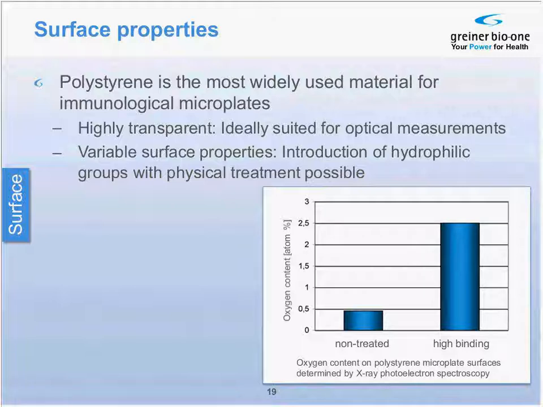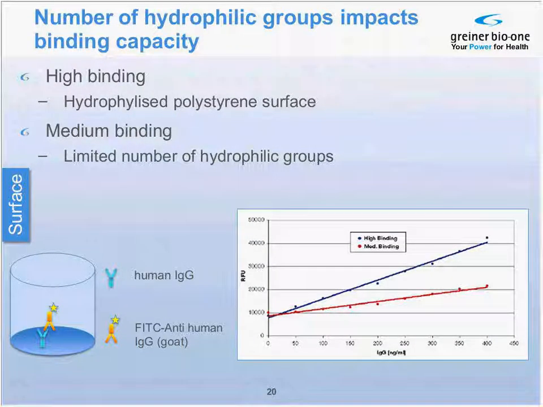This graph shows a comparison of the oxygen content of a non-treated polystyrene surface and a hydrophilized high-binding surface. The oxygen content of the non-treated surface is about 0.5%, whereas the hydrophilized high-binding surface contains approximately 2.5% oxygen. The number of hydrophilic groups on the surface can impact the binding capacity of the plate.